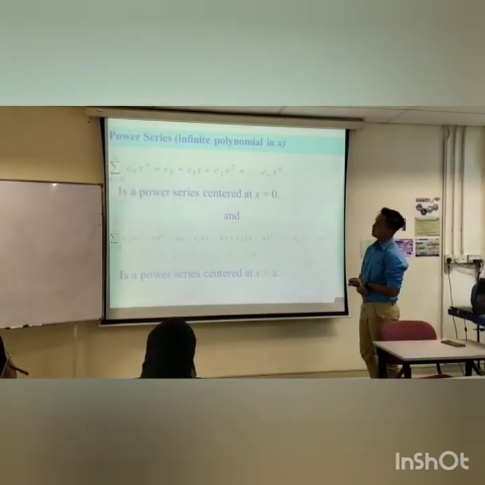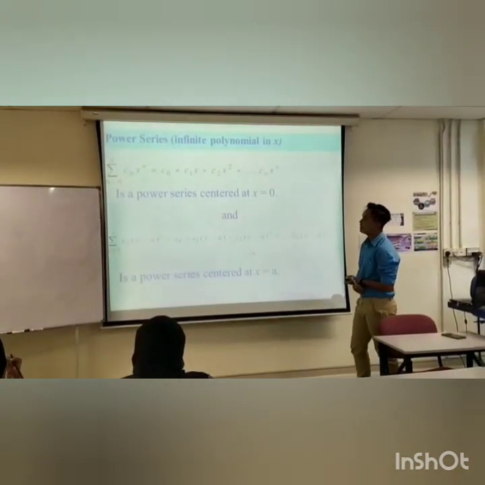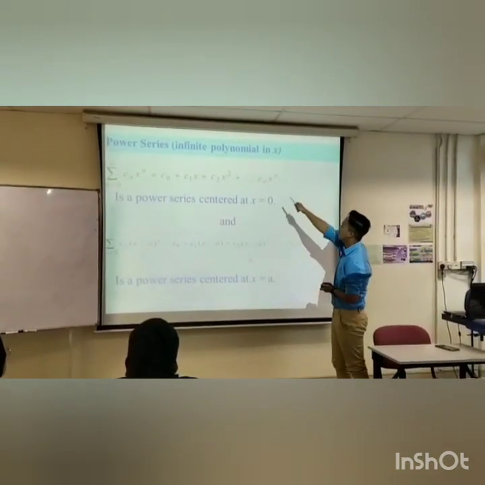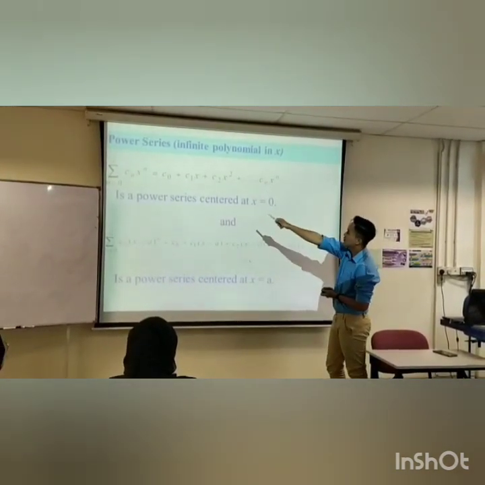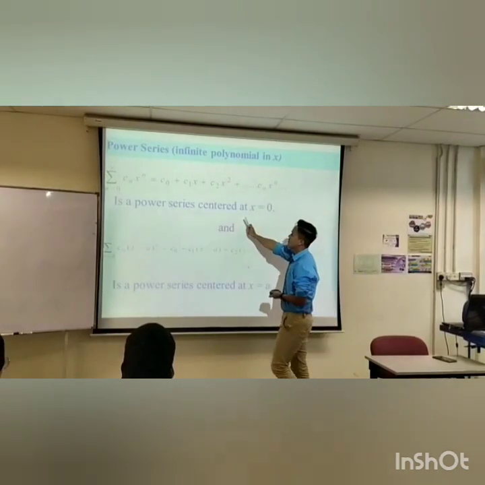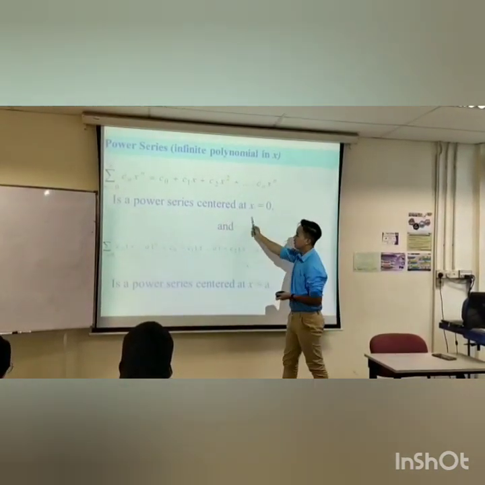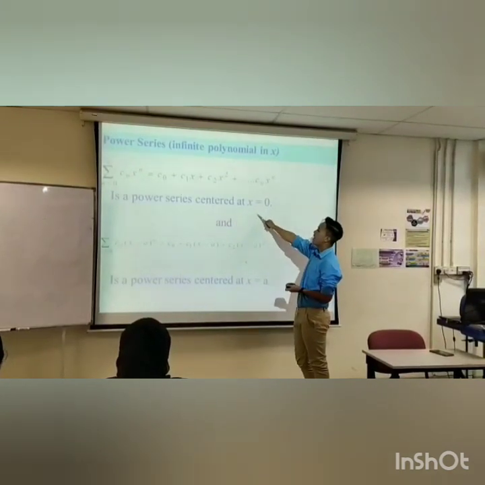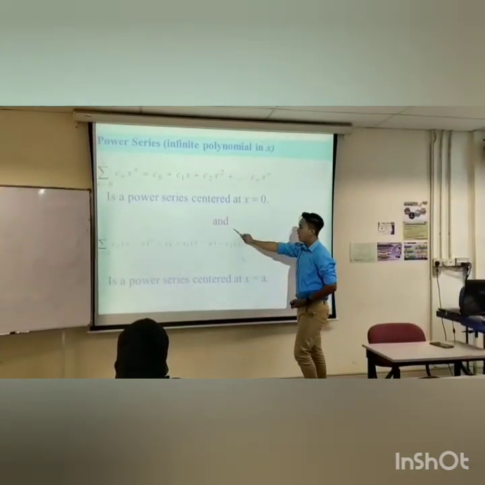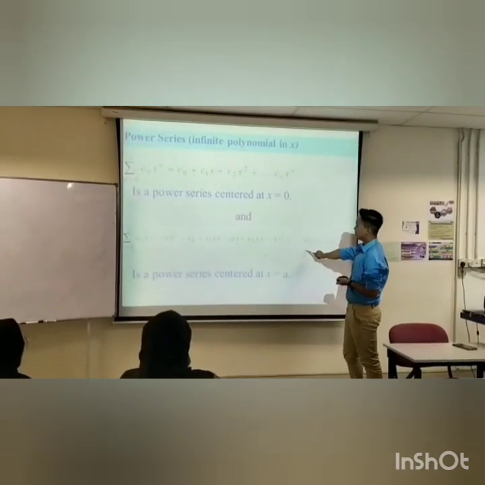Power series, a topic under convergence and divergence. So, an infinite polynomial in x. If you can see, this is the general formula. It's a power series centered at x equals 0, something like this.